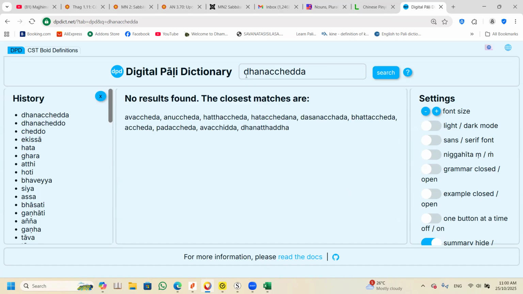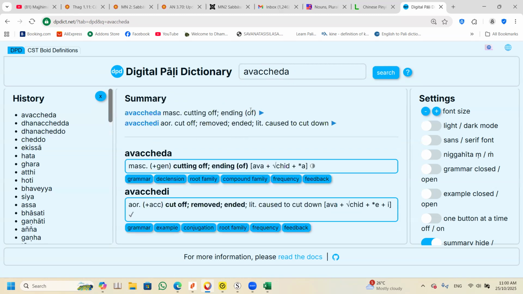Anyway, can you see this one? So what I will do is take this word first, Dana. I will take this word because you can see the word chedo comes from the same word cheat.